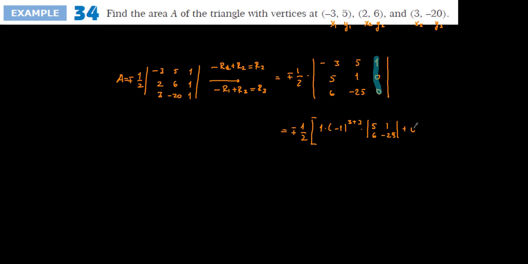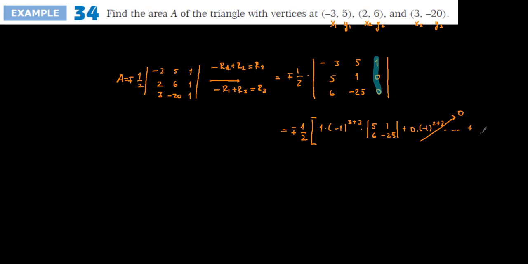Then plus 0 times minus 1 to the power of 2 plus 3, second row, third column, times something, but this is completely 0, and that's why I made the row operations, by the way.